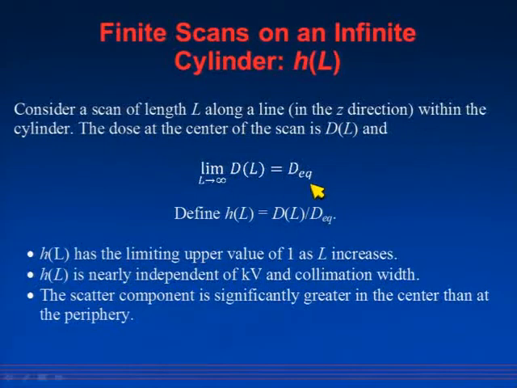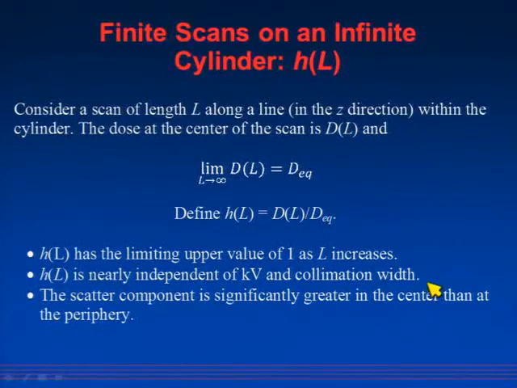Another way of saying D of DEQ is just saying D of infinity here. If we define a function H of L, and we call it the rise to equilibrium curve, we define this as D of L over DEQ, it's of course normalized. This number becomes 1 for an infinite scan, and it goes all the way to 0 for a scan of 0 length.